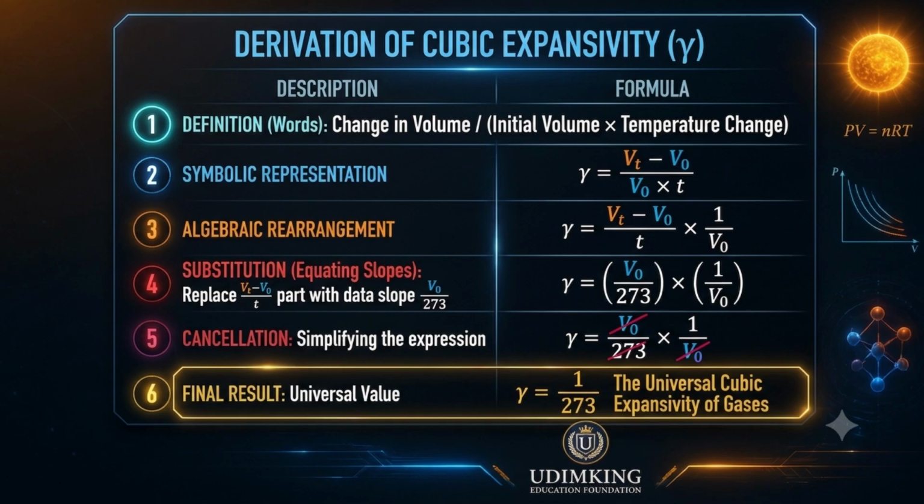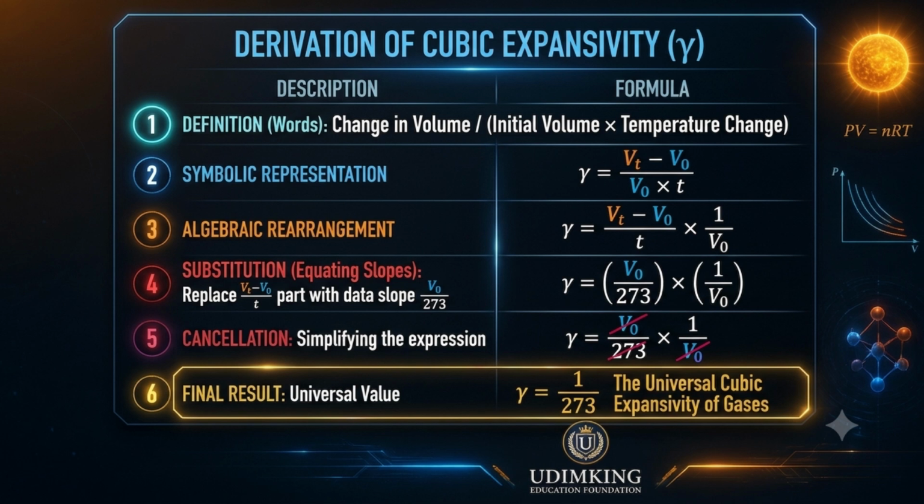If we rewrite our cubic expansivity expression, we can write the right-hand side in two parts as (Vt minus V0) over T, multiplied by 1 over V0. Now, let us substitute the expression (Vt minus V0) over T with V0 over 273 directly back into our original definition for cubic expansivity.